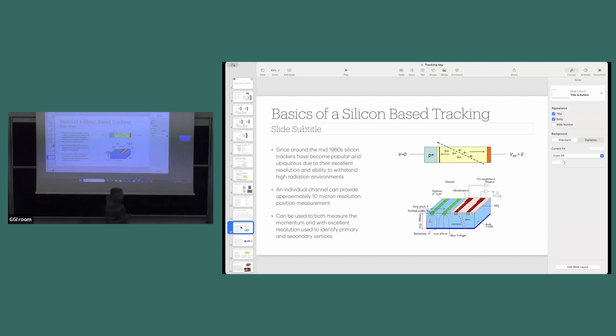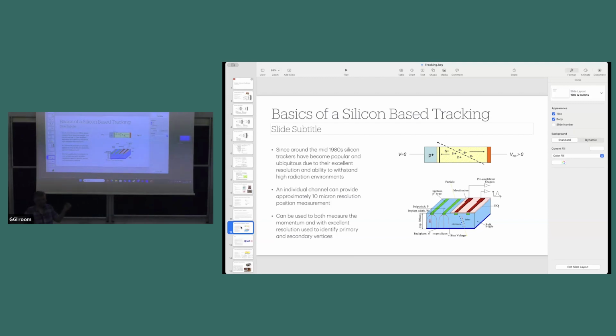And because of the obvious importance of silicon technology in building computers and different types of sensors, there's also been a large industry development of silicon-based devices. And so individual channels can provide approximately 10 micron resolution or so in different forms.